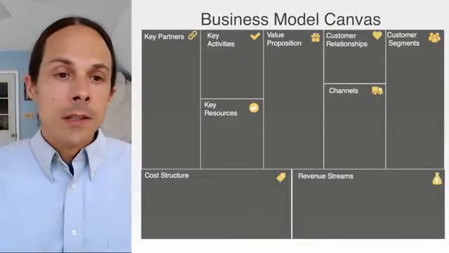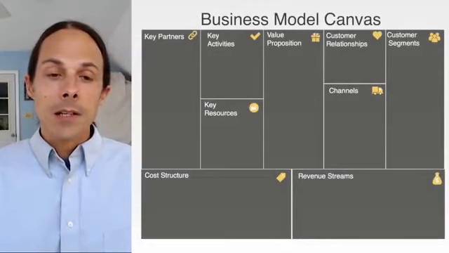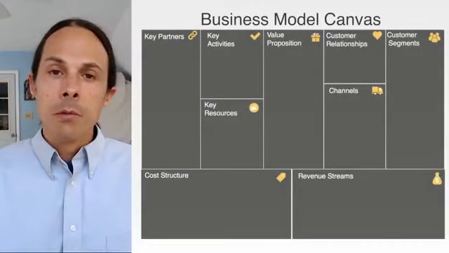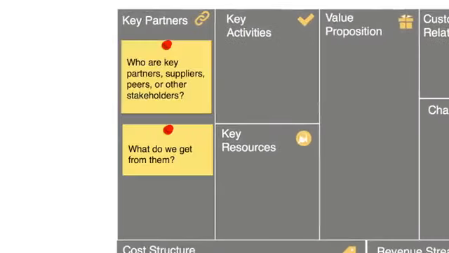So here we are, the business model canvas laid out in its block structure with the header, which we'll walk through one by one. Top left, who are your key partners, suppliers, peers, or other stakeholders? What do you get from them? What can you offer them?